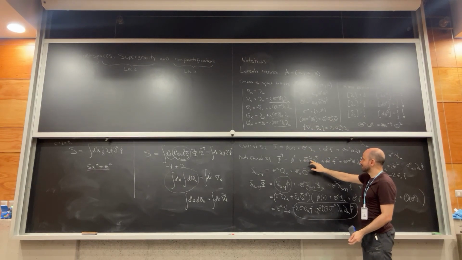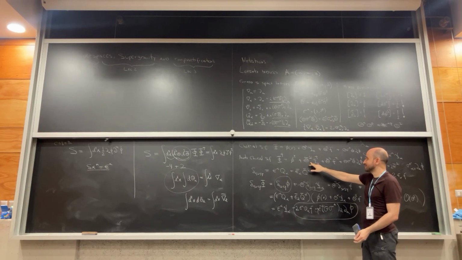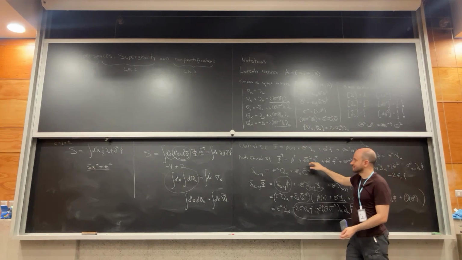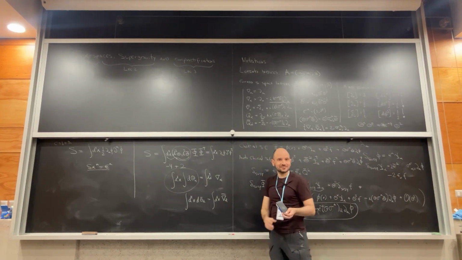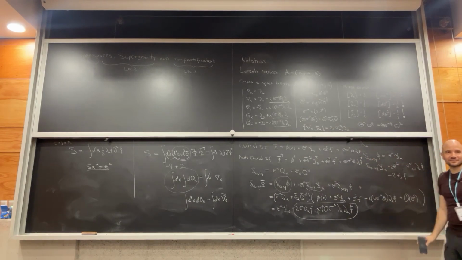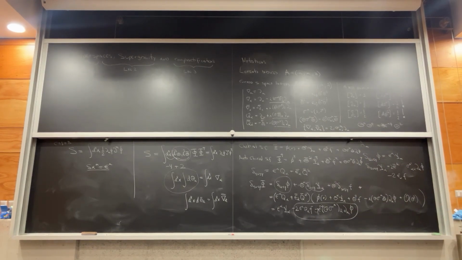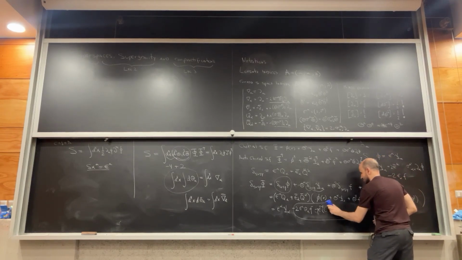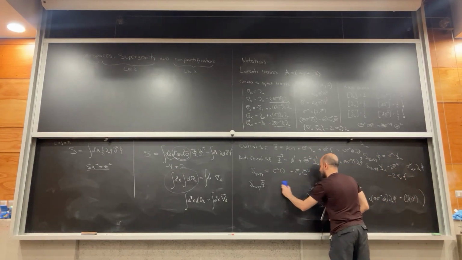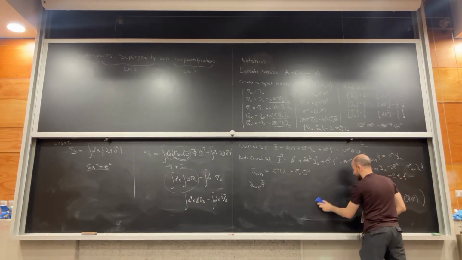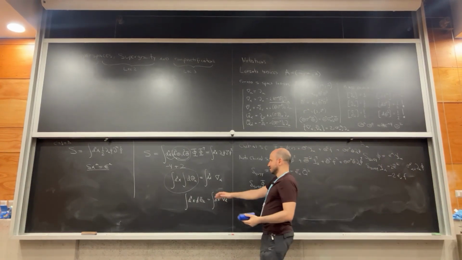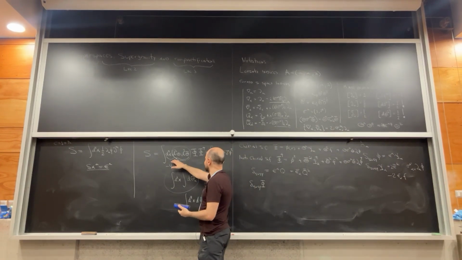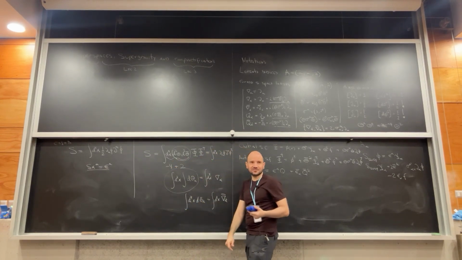That's going to pair with this one, and that's going to give me the Dirac action. When I keep going, I find everything that I want. This is the way to compute supersymmetric actions. The fact that I'm integrating over the whole superspace assures me that the result is going to be supersymmetric.